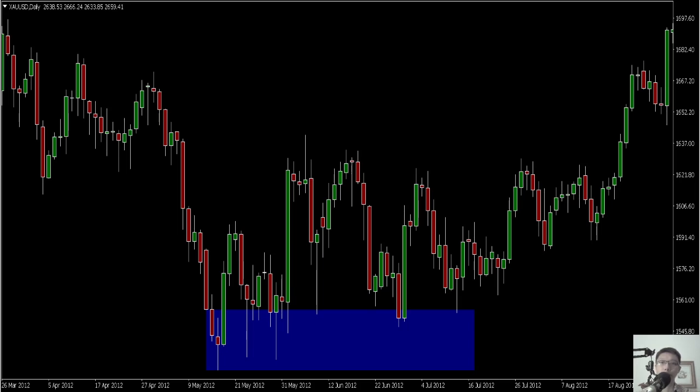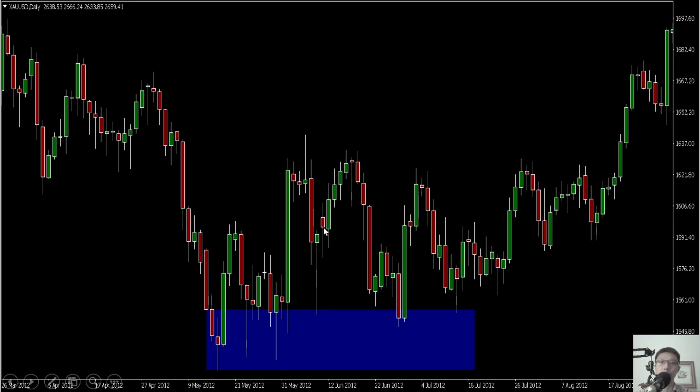Okay, let's see some examples here. This is support. After a downtrend, price cannot go lower, so the buyers push the price to the upside like this, and then price tries to push downward, and then buyers push again to the upside.